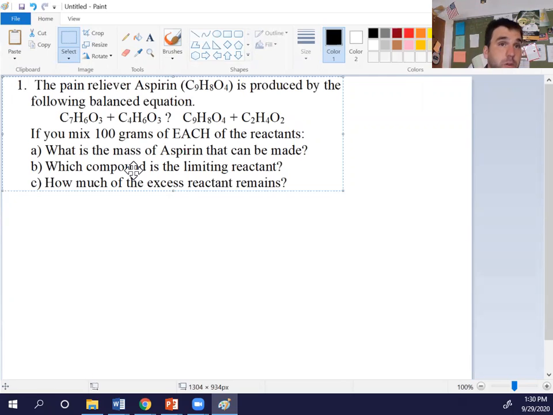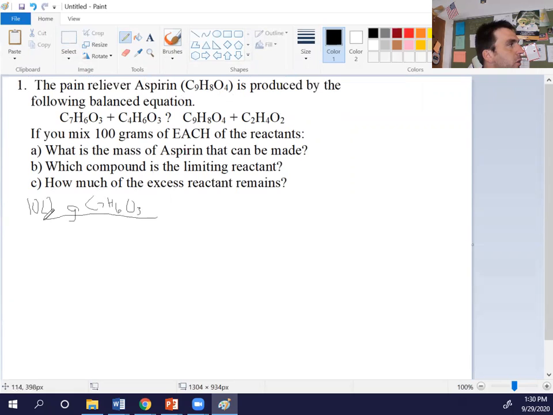2 stoichiometry problems. I'm going to put 100 over 1. It's already balanced up there. So 100 grams C7H6O3 over 1.